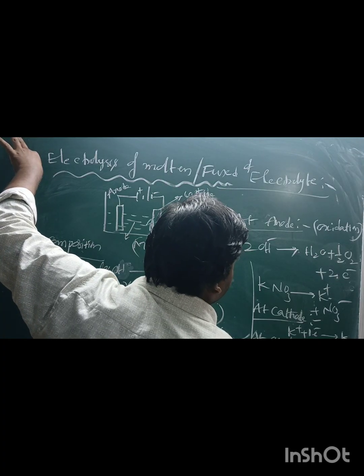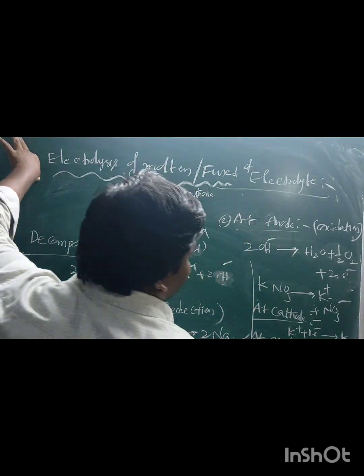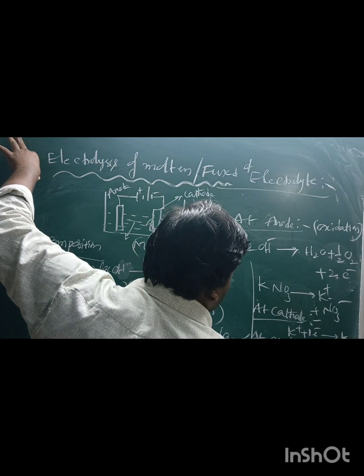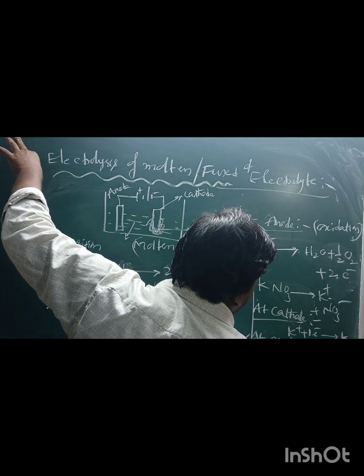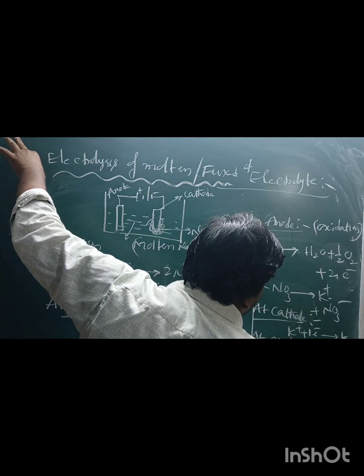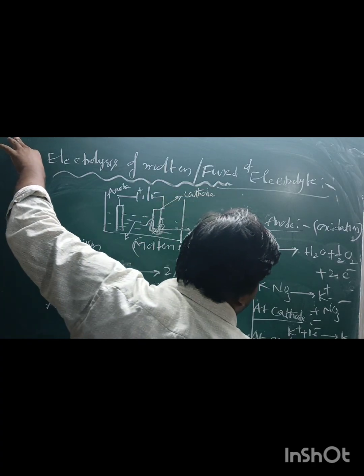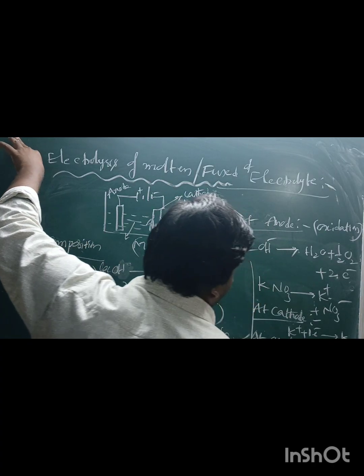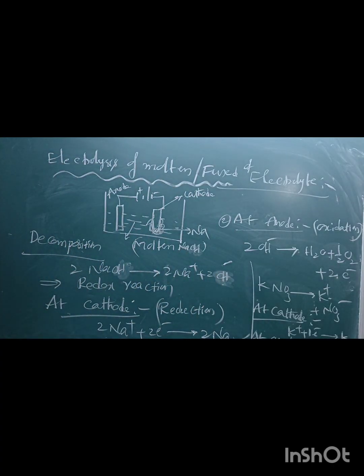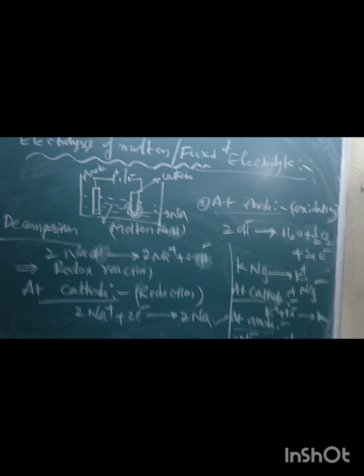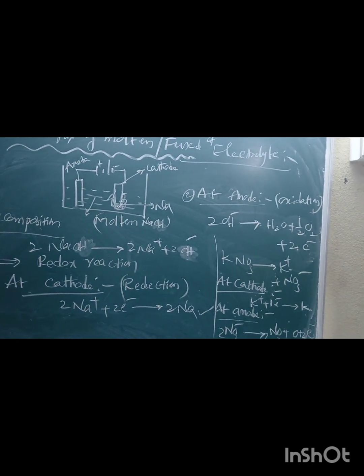At the anode, NO3 minus ion, like that. It means oxygen gas is liberated at the anode. Okay, this is the information about electrolysis of molten NaCl.